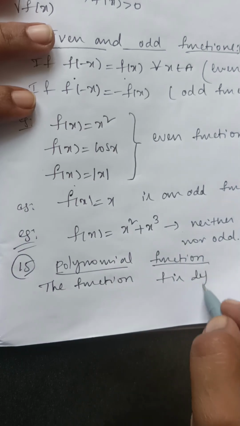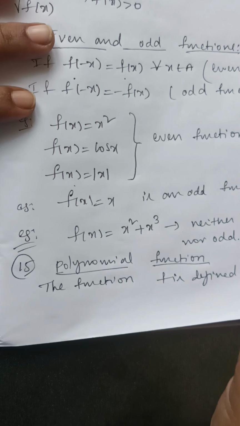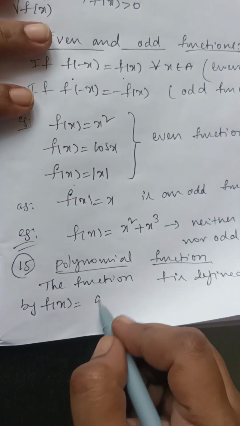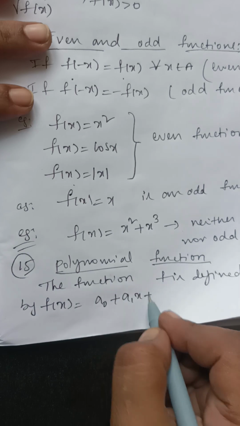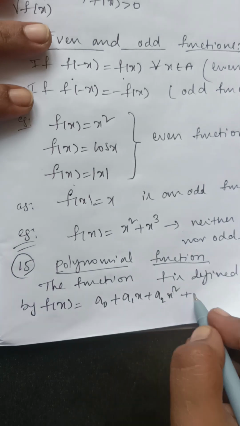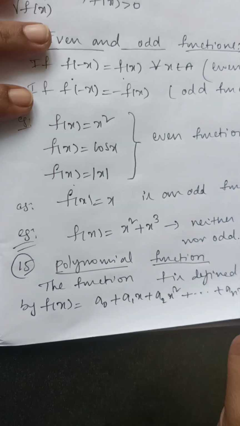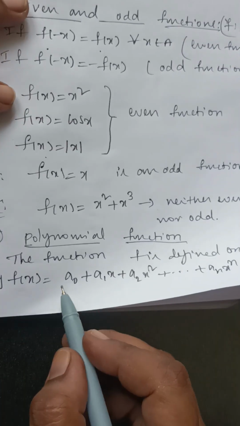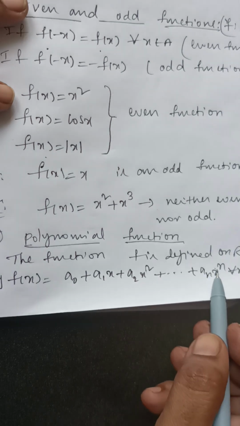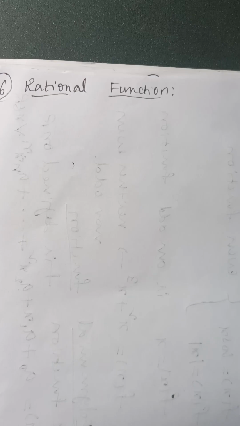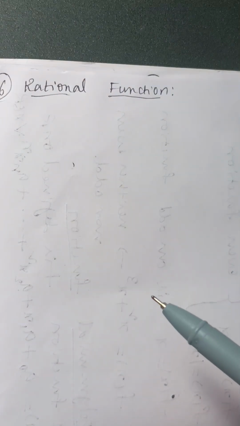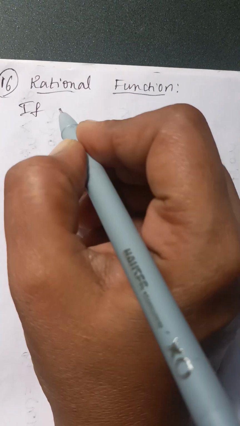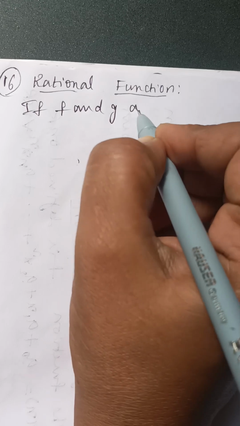The function f is defined on R by f of x equal to a0 plus a1x plus a2x square and so on, an x power n, for all x belongs to R, where n is a non-negative integer and a0, a1, a2, and so on, an are real numbers.